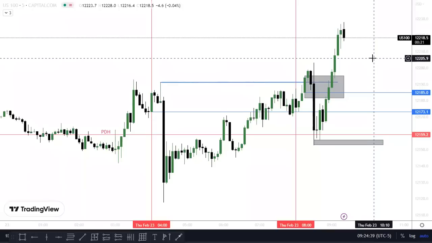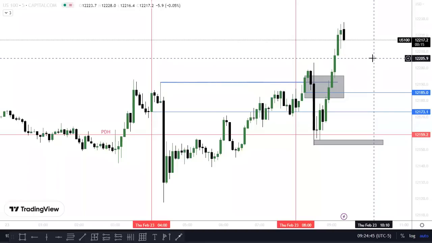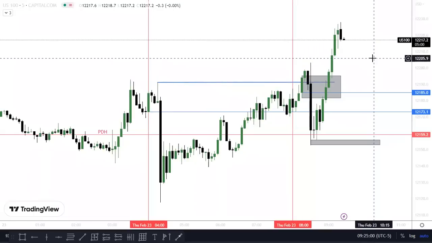The waiting part of trading is so boring and long, but it's necessary. Can't leave the scalper realm.